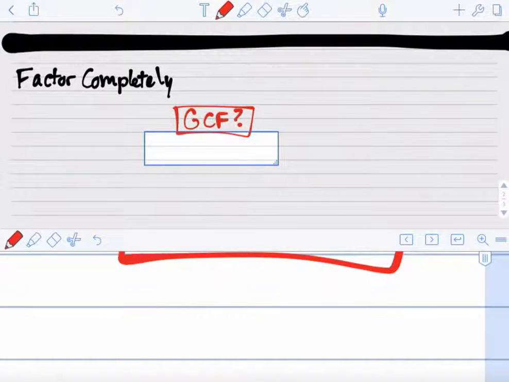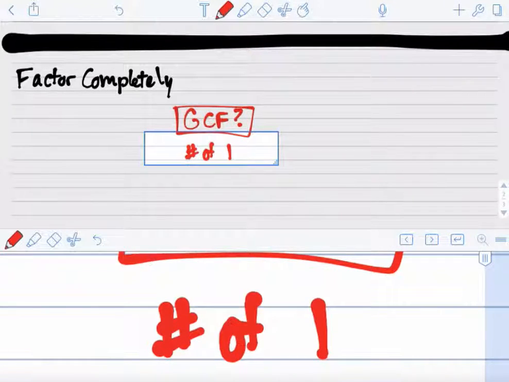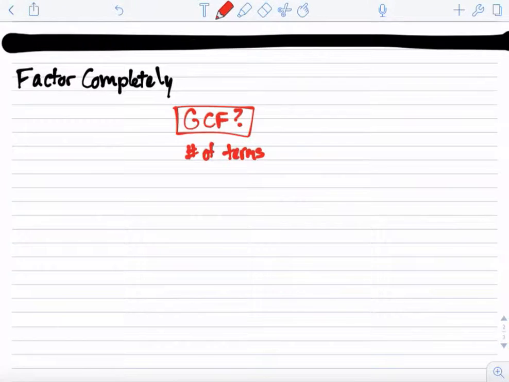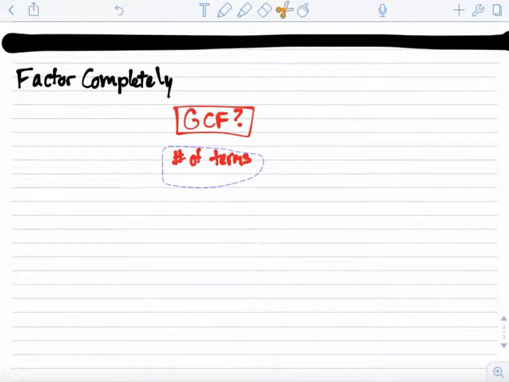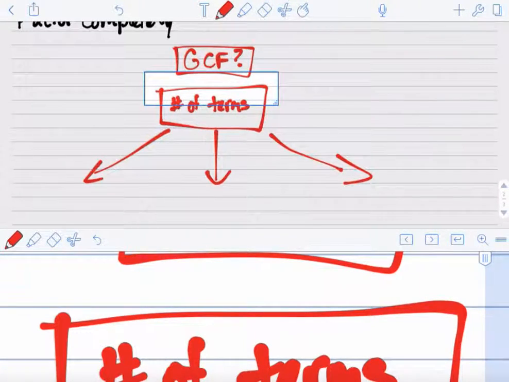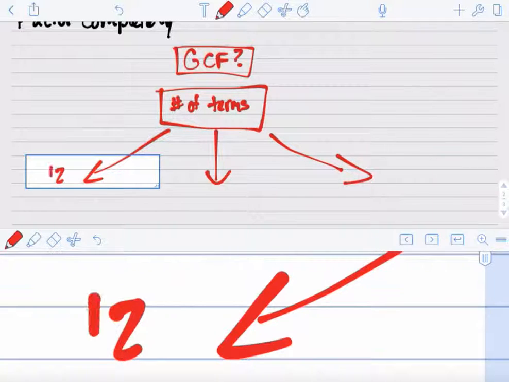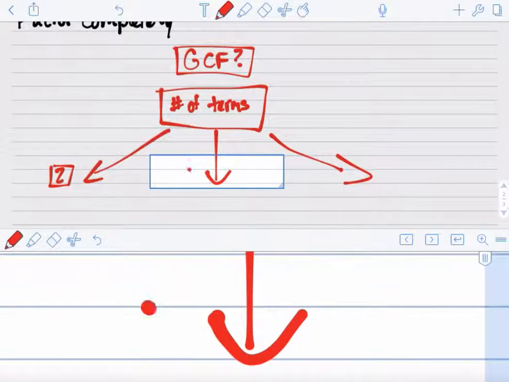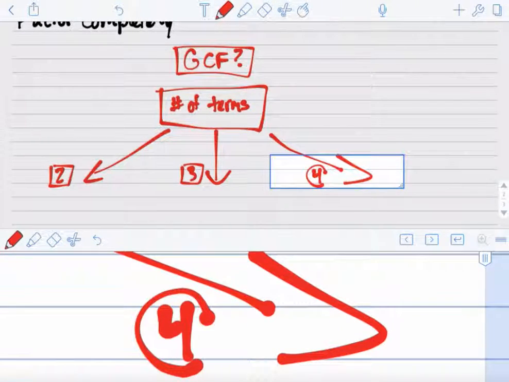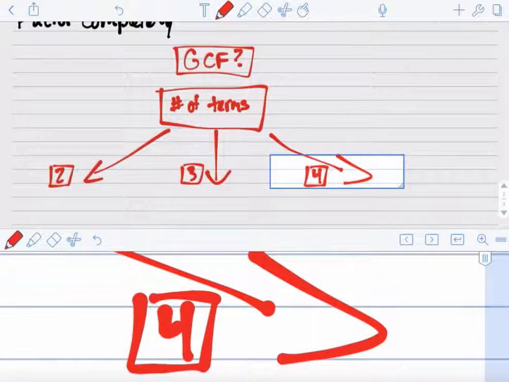After you check for a GCF, you want to ask the number of terms. Once you ask that, you can get particular answers. You could have two, three, or four terms.